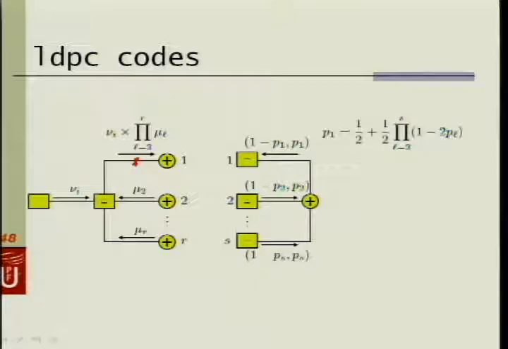This is very simple because we have seen that the message at the output of a repetition node is just the product of the messages entering the repetition node. So the message here will be the product of nu i times all other messages. We don't have these at the initial step because they come from the right. We are iterating, so we may decide that the initial values of these messages are just a constant function. If we have binary values, the message will be 1 for value 0 and 1 for value 1.